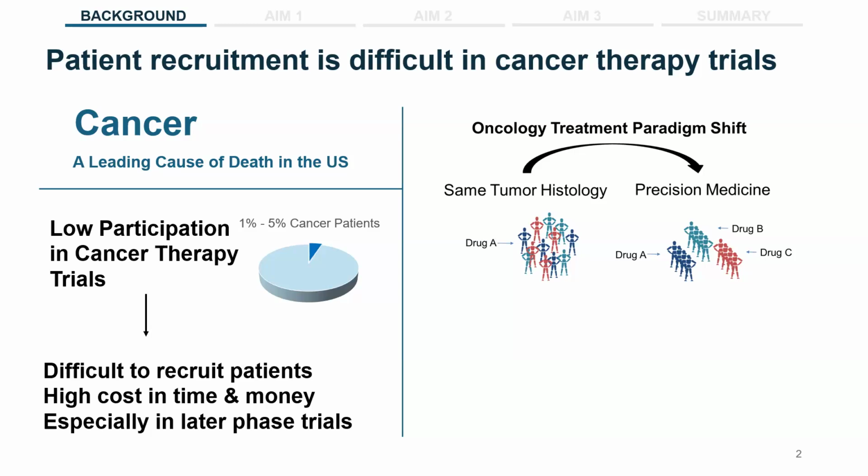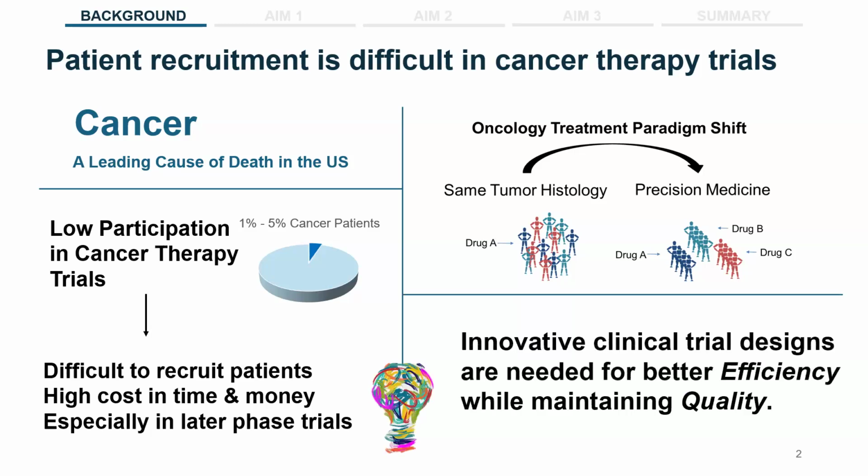Now, when the oncology treatment paradigm shifts from targeting the same tumor histology to more precision medicine, the patient population is more refined, which makes it even harder to find participants. Under that context, innovative clinical trial designs are urgently needed for better efficiency while still maintaining the trial quality.